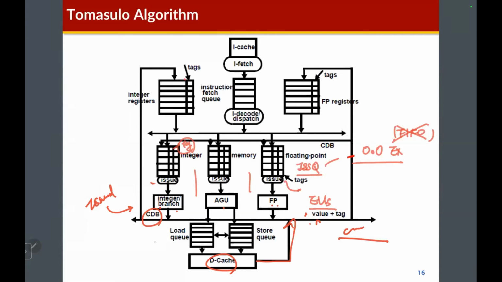You can also find the load queue and the store queue here. We require the load queue and the store queue for supporting data hazards in memory, like data dependencies: the RAW hazard, the WAR hazard, and the WAW hazard in the memory.